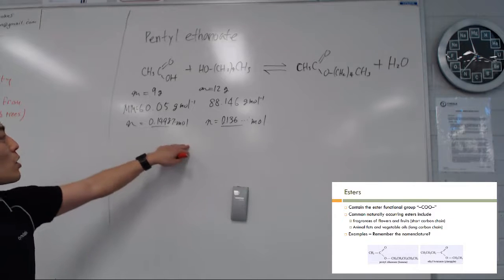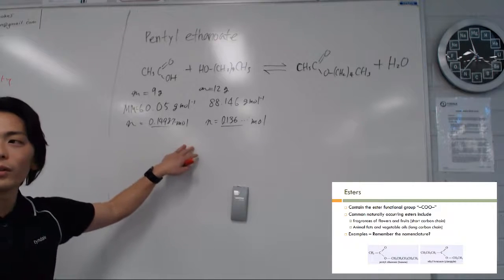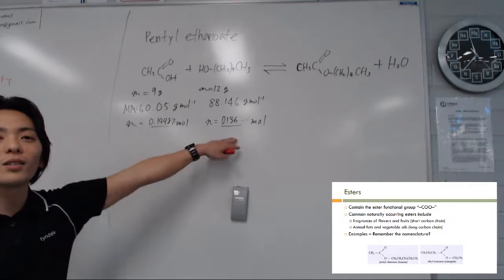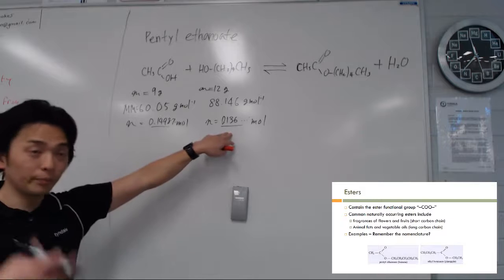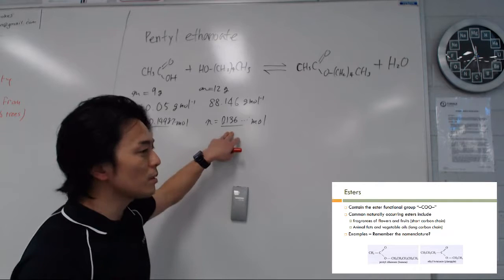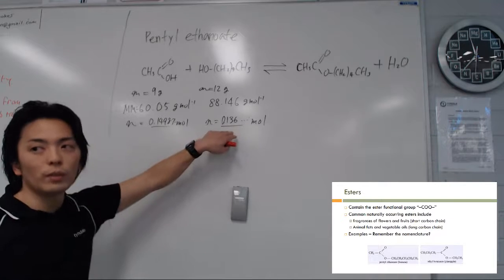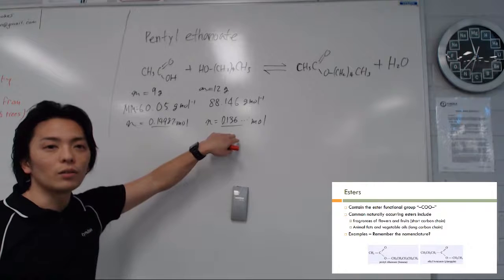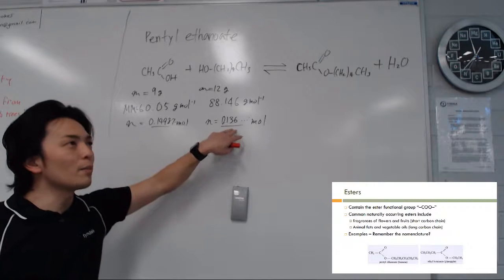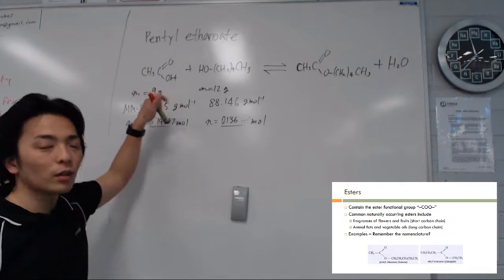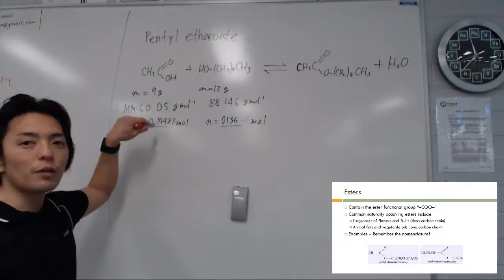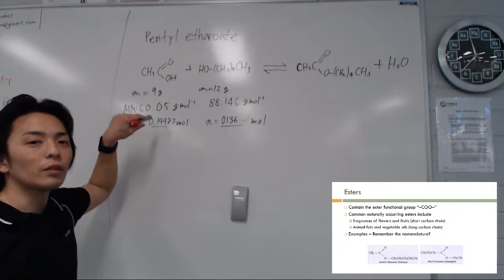So in this case, which is being limiting agent? Smaller number, okay? So that's being the limiting agent in this case. So by knowing that, you know that that's the number of mole that's available for the reaction. Excess amount of that wouldn't react at all. Right?